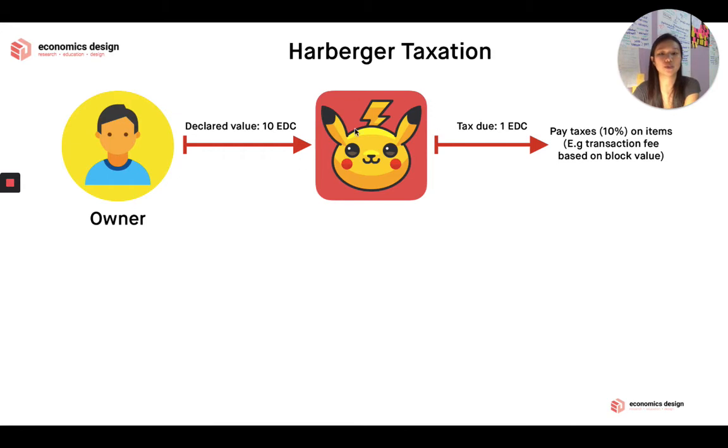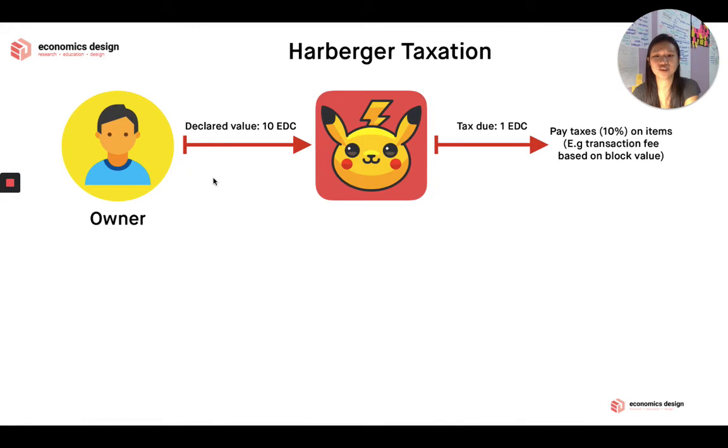So I declare that this owner caught Pikachu, and he wants to validate Pikachu to be in his pocket. He says, I declare Pikachu is 10 coins, and the taxes he pays will be 10%, so he has to pay one coin as the transaction fee. Now you're going to think, this is such a silly mechanism, right?